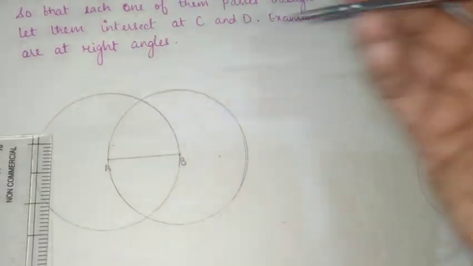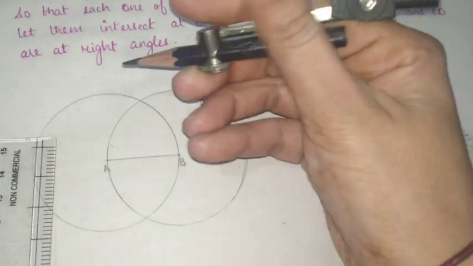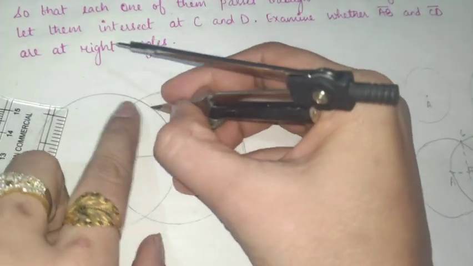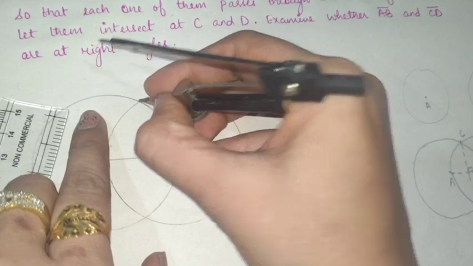And now I'm supposed to name these intersecting points, like these circles have intersected here and here.